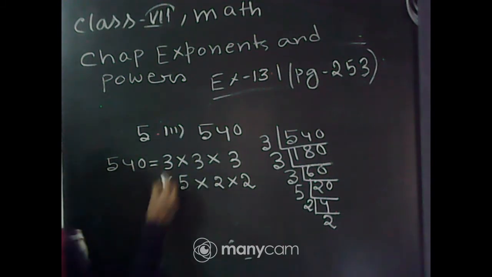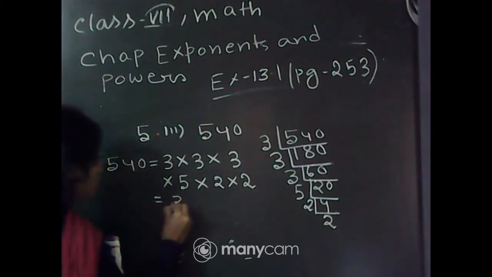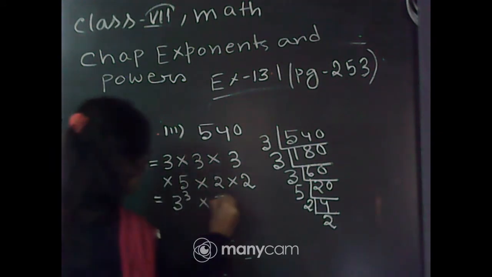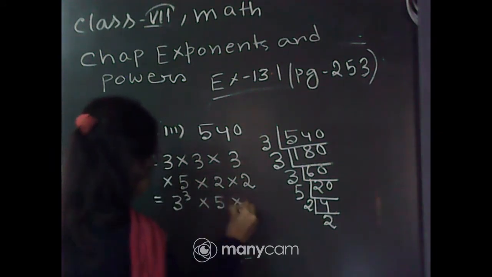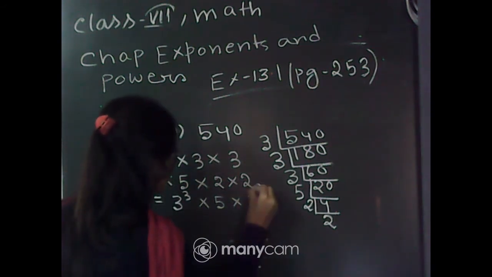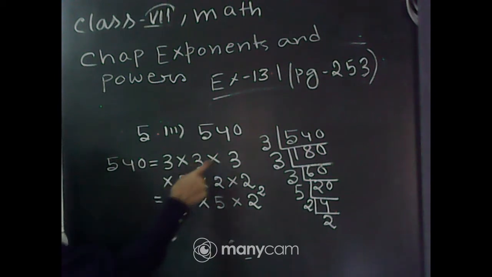Now 3 is 3 times, so the power of 3 will be 3. 5 is 1 time, and 2 is 2 times. So, the power of 2 will be 2, and these are prime numbers.